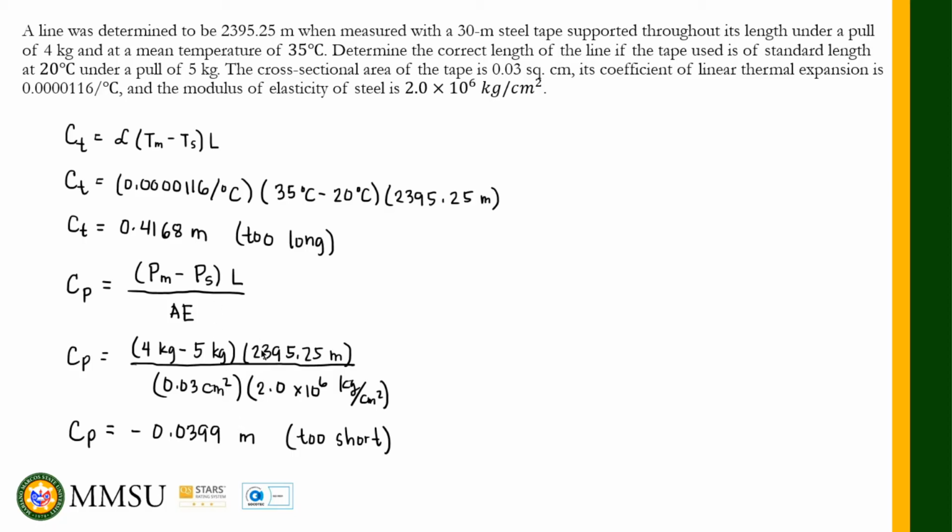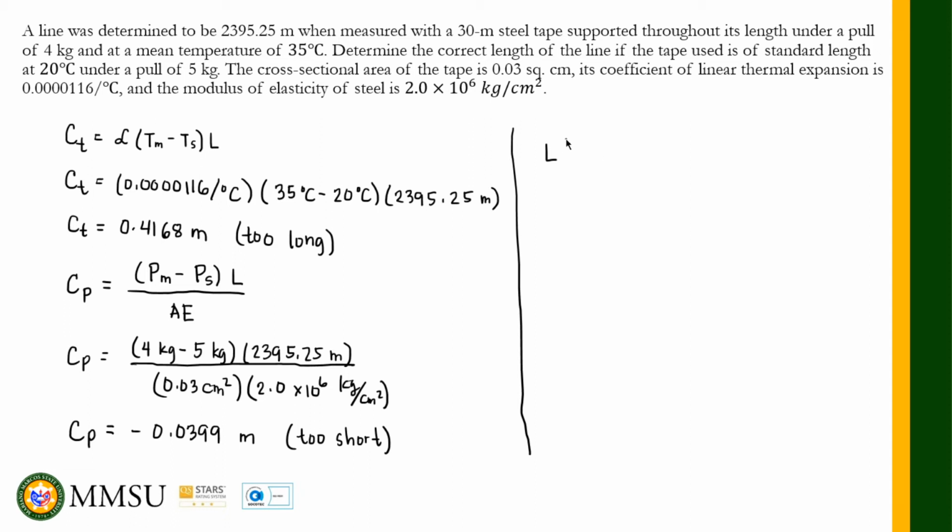Okay? Now, ang tinatanong, what is the correct length of the line? Since in the problem, this is measuring, so let us apply our rule na kapag nag-measure tapos too long, we add. Kapag nagme-measure tapos too short, we subtract. Tama?